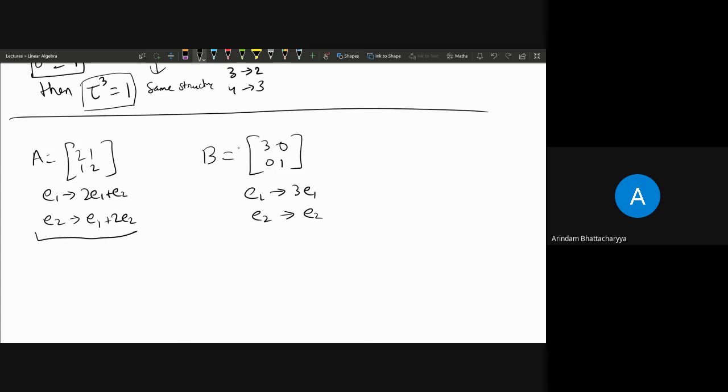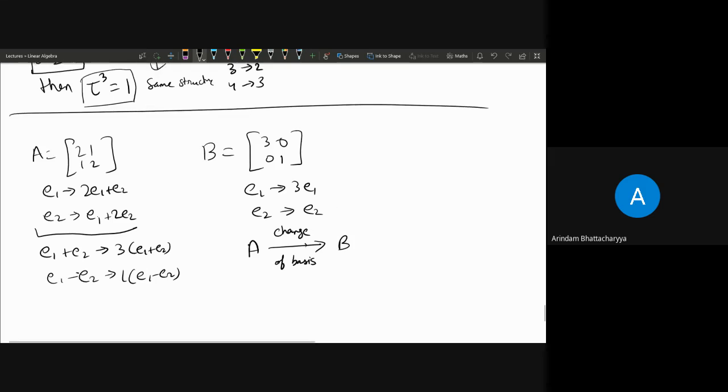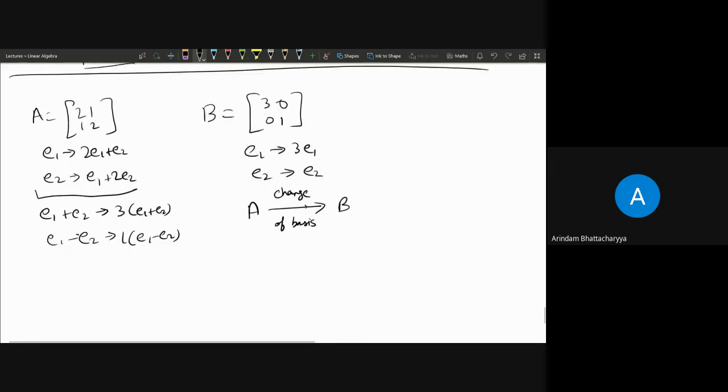But the point to notice is that A takes E1 plus E2 to 3 times E1 plus E2, and E1 minus E2 to its negative. So one can get from A to B by just a change of basis, right? That was my point.